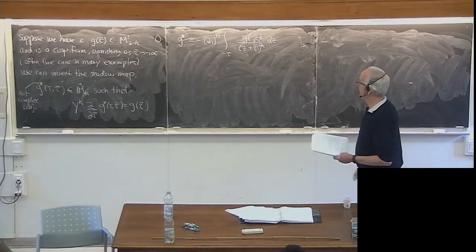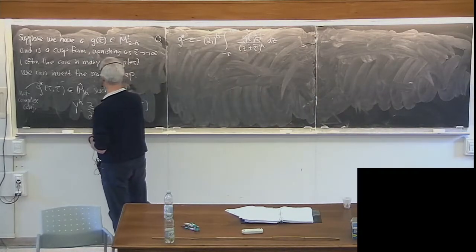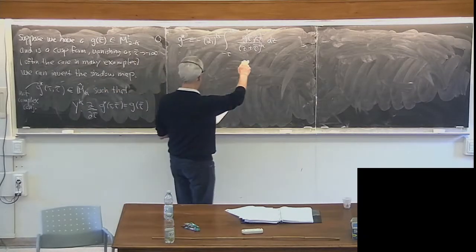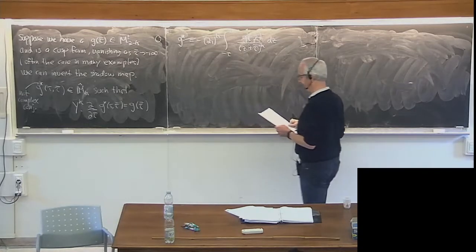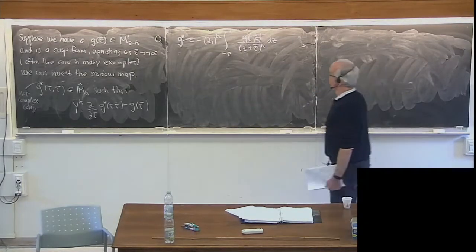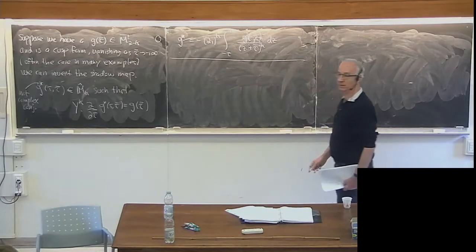So you can just check that this derivative times y to the k on this gives the function G of tau bar. All right, so now, finally, let me explain what this has to do with mock modular forms.